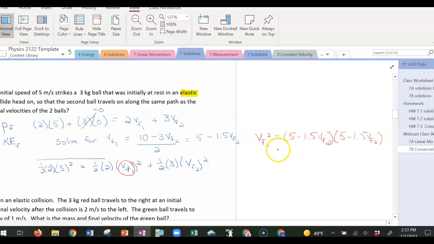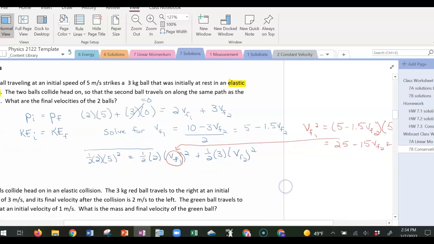Just don't lose track of the math. We're using the FOIL method here. And so I get 25 minus 15 VF2 plus 2 1/4 VF2 squared. Okay, I can replace this. That goes into VF1 squared, and then I'm going to have an equation that only has one variable. It has VF2 in it.